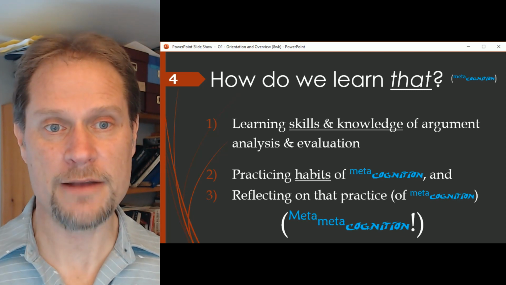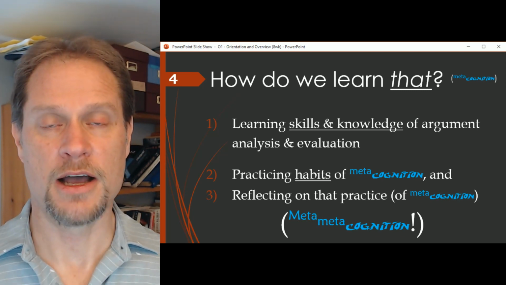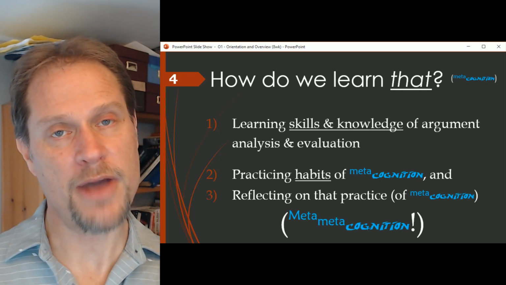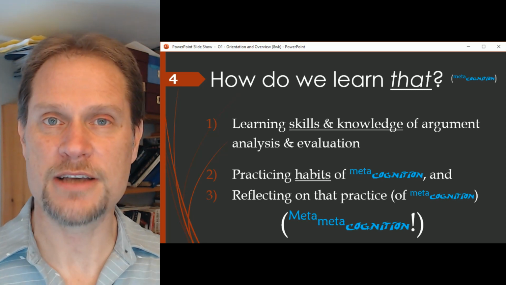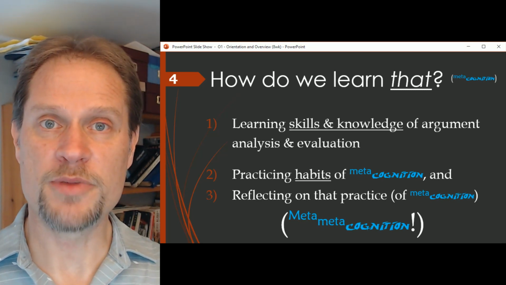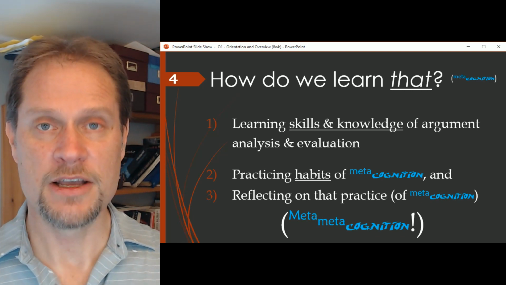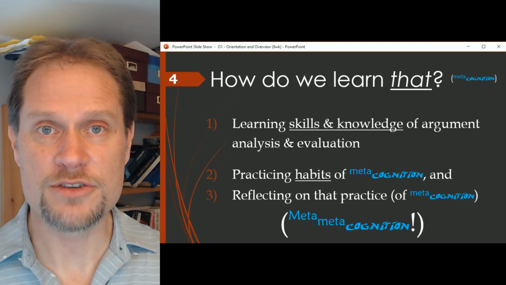So we're going to learn that. We're going to learn the habits of metacognition, how to step back and watch yourself think and compare that thinking to other times that you've done some thinking, or to observe other people when they're thinking and compare that to how you might tackle that same kind of intellectual problem, right?